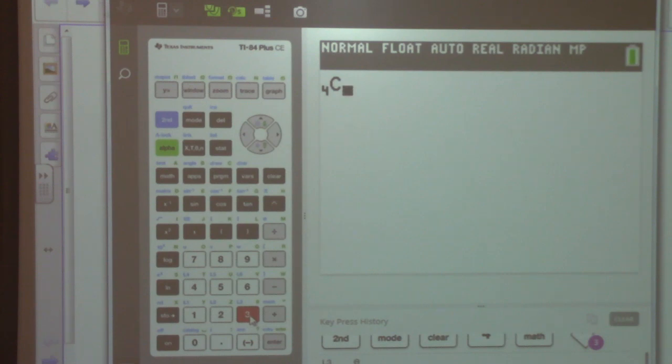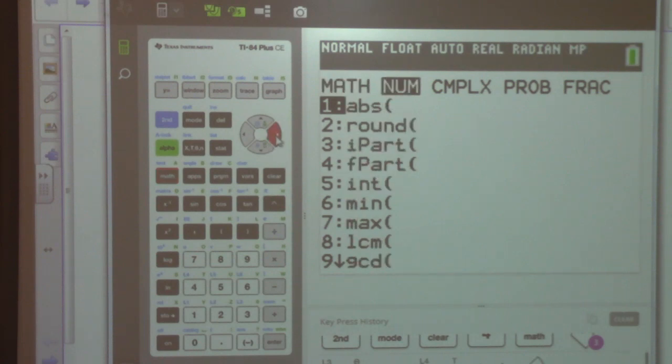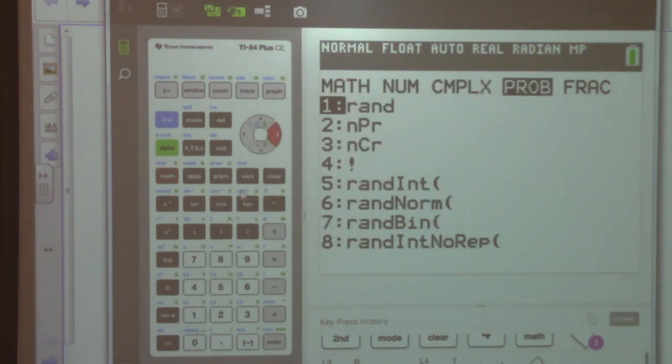That's not what I got. Let's try this again. Put 4, then go to Math, Probability, and 3.